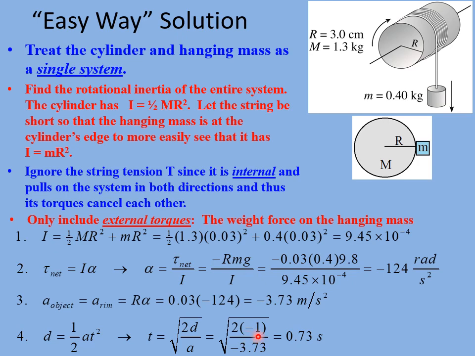The distance is -1 meter. That's where it's falling, that's why it's a -1. And the acceleration is -3.73, as we just calculated here, which gives us a total time of 0.73. So that is our lecture from Chapter 7.